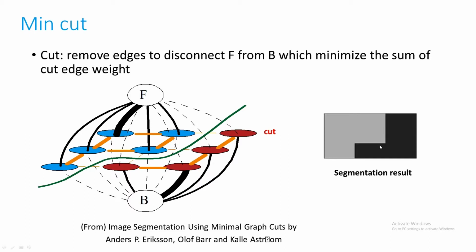So, the process is not over. This is only a starting point. After doing this segmentation, you can do a lot of image processing. This is a basic step which is utilized in image segmentation.